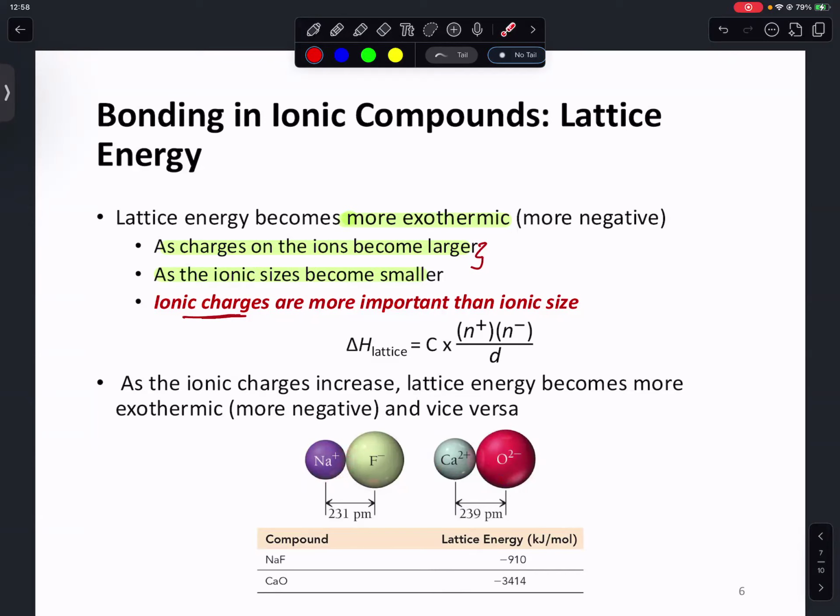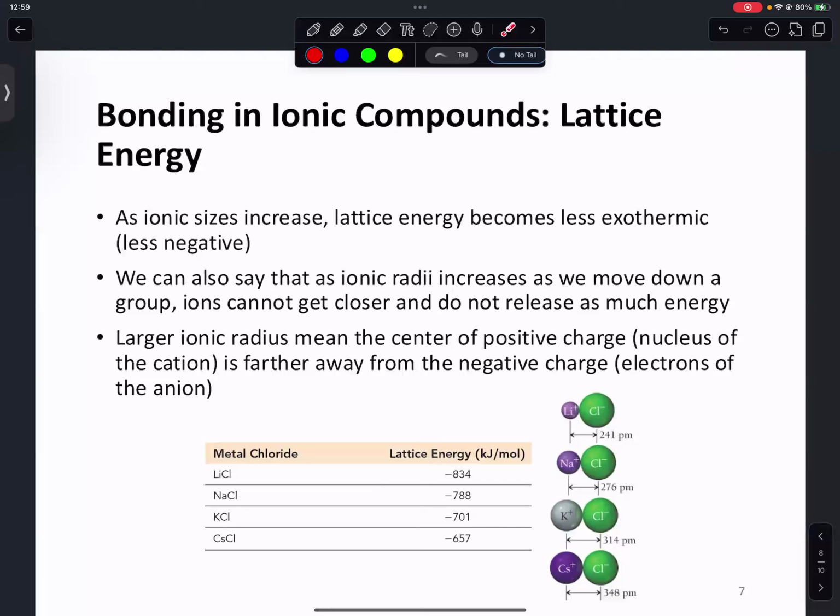And note that there is a very large difference in the magnitudes of the lattice energies for calcium oxide. All that goes to say that ionic charges are very important.